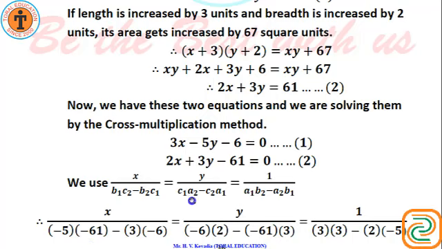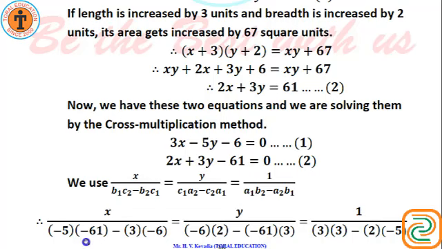Y upon c1 a2 minus c2 a1, c1 is minus 6 into 2, and c2 a1, that is minus 61 into 3. 1 upon a1 b2 minus a2 b1, that is 3 into 3, and minus 2 into minus 5.